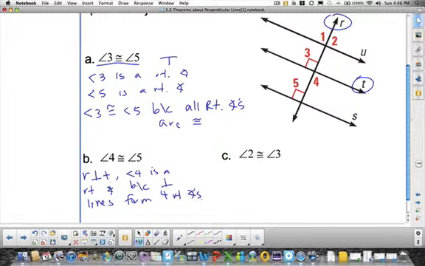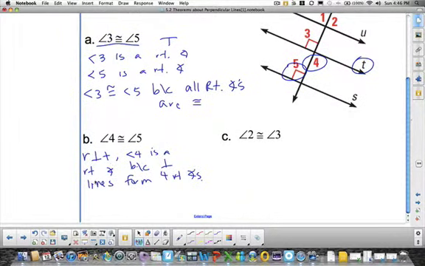Alright, so that's the first part of the justification. Now I know that angle 4 is a right angle. I also know that angle 5 is a right angle. So now I can make the conclusion that angle 4 is congruent to angle 5, again, because all right angles are congruent.